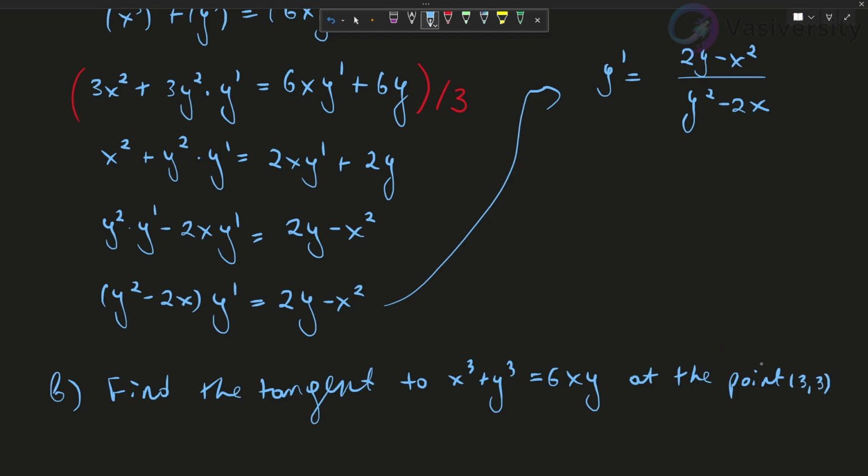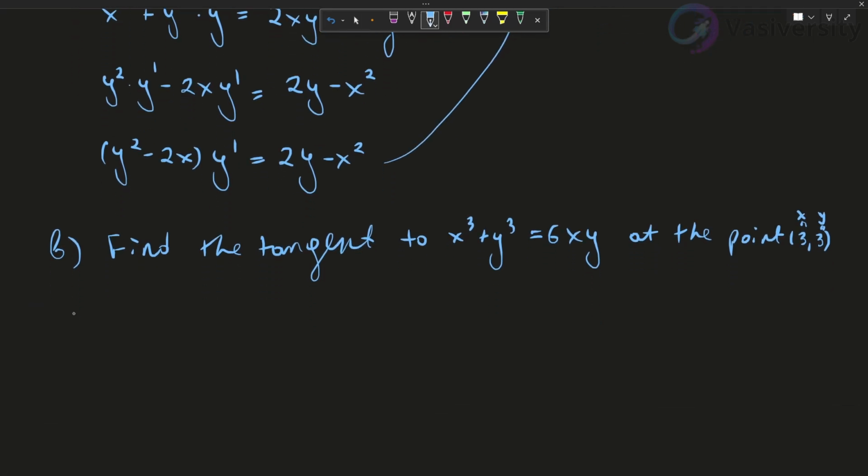Which means what? x is equal to 3, y is equal to 3. Okay, that's important. Because, well, how can we find it? We have to plug that in. We have to plug it into this equation. So what are we going to have? So again, y prime is equal to 2y minus x squared over y squared minus 2x. So we're going to evaluate it at 3, 3.